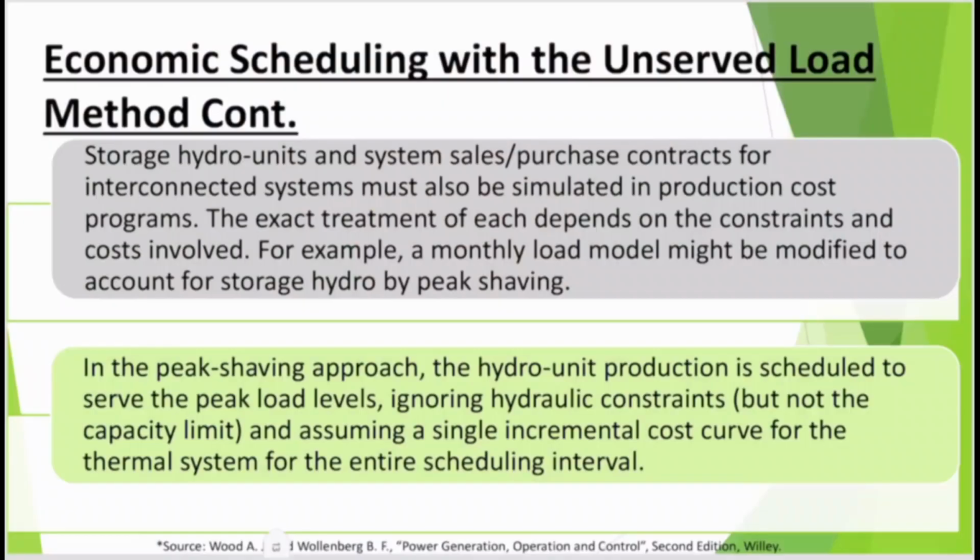The exact treatment of each depends on the constraints and the cost associated with the formulation. For example, a monthly load model might be modified to account for the storage hydro by peak saving. If you take a one-day load schedule and you are planning to take your water back, store it, and generate during peak hours, that may not be appropriate.